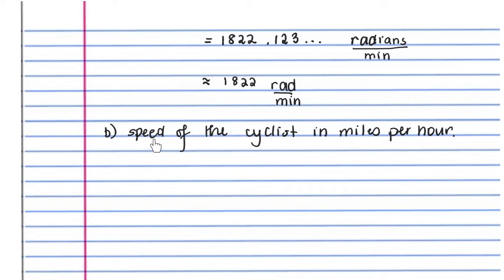Part B asks us to find the speed of the cyclist in miles per hour. When they ask for the speed of the cyclist, they're asking for the linear velocity v, and v is equal to r times omega.